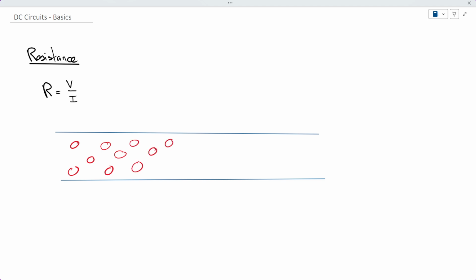I'm just going to draw them with gaps in between. Obviously that's not quite the reality, but just to illustrate, let's draw in a few ions like that. And interspersed in there as well, at least one for each ion generally, are free electrons, delocalized electrons, that are able to move. It is those delocalized electrons that will carry charge for us through this material.